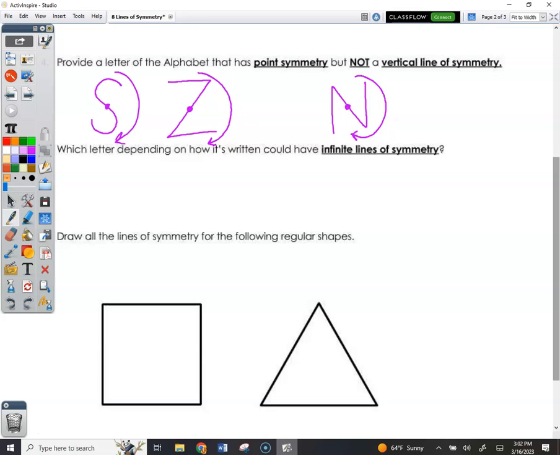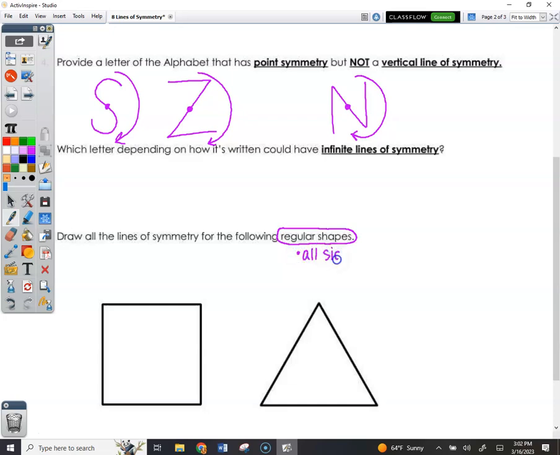All right, so look right here. This says draw all the lines of symmetry for the following regular shapes. This right here is very important. Regular as opposed to irregular, right? Regular means two things.